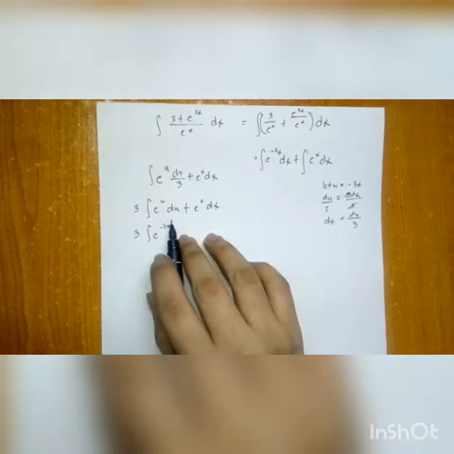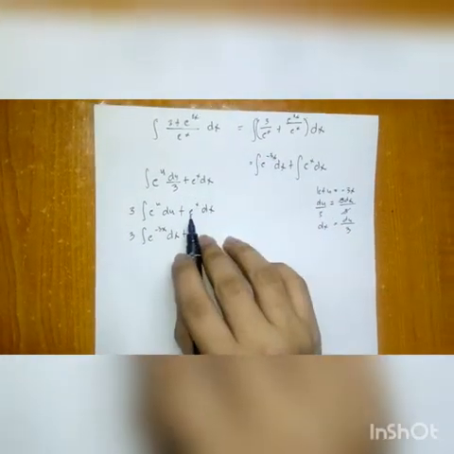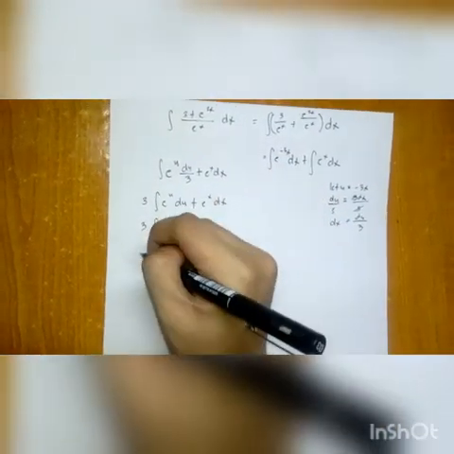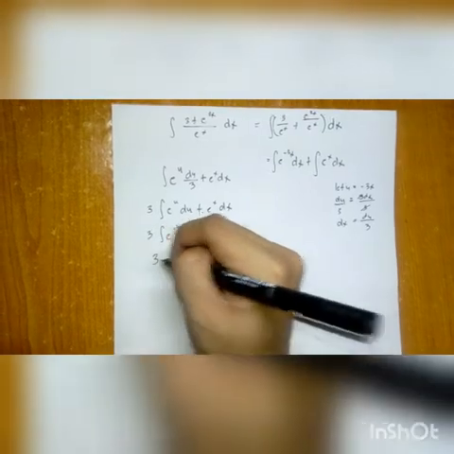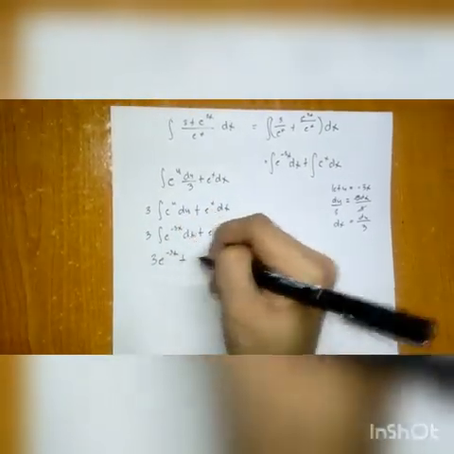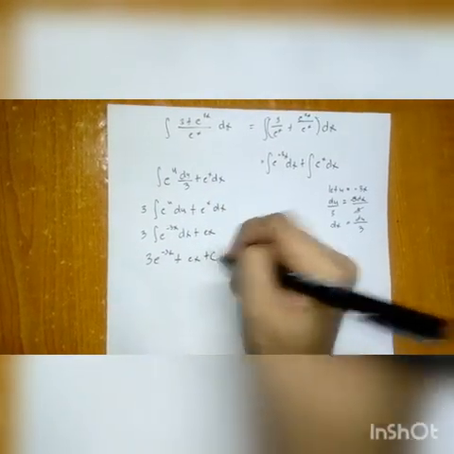Then the du will become the dx, plus the e raised to x dx is equal to e to the x. Now it will become e raised to negative 3x plus e to the x, plus c, the constant.